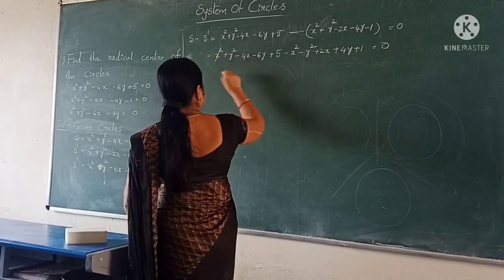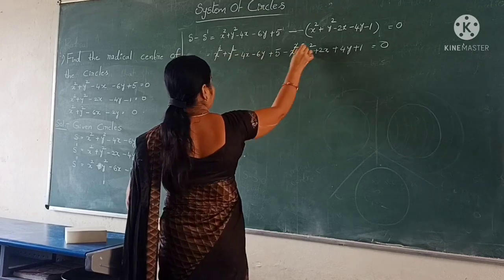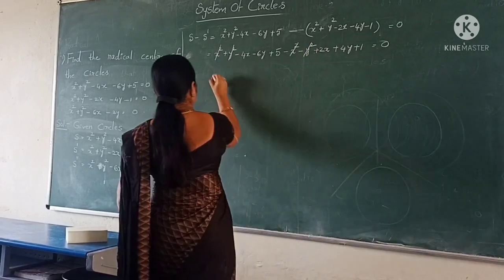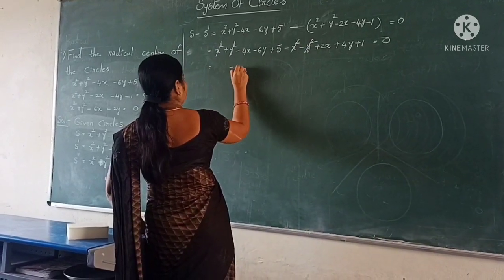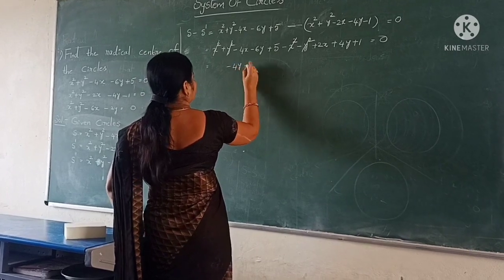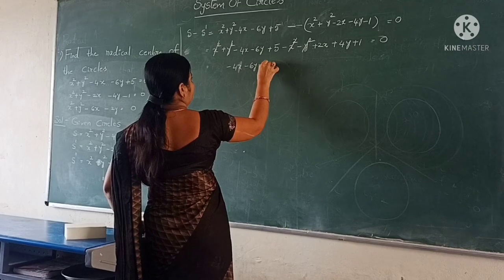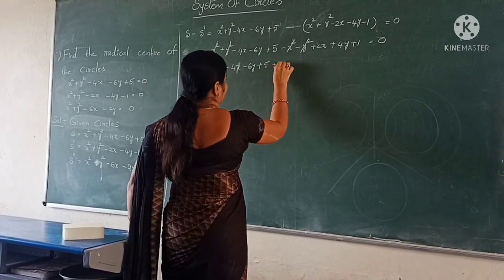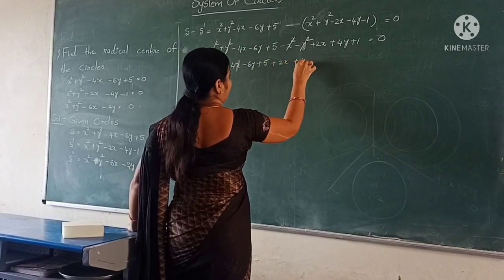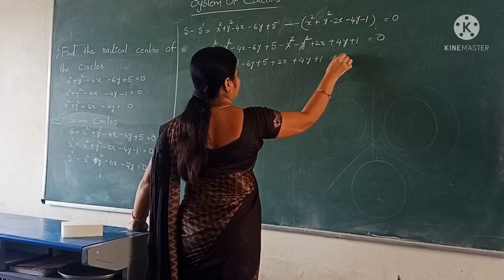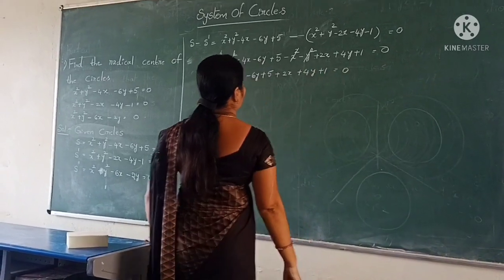Here x square minus x square and y square minus y square get cancelled. The remaining terms are minus 4x plus 2x, minus 6y plus 4y, plus 5 plus 1, is equal to 0.